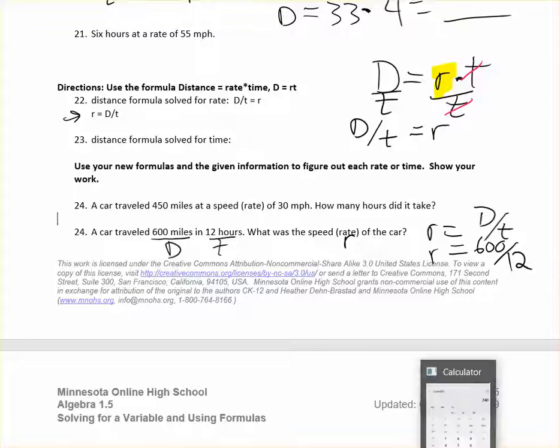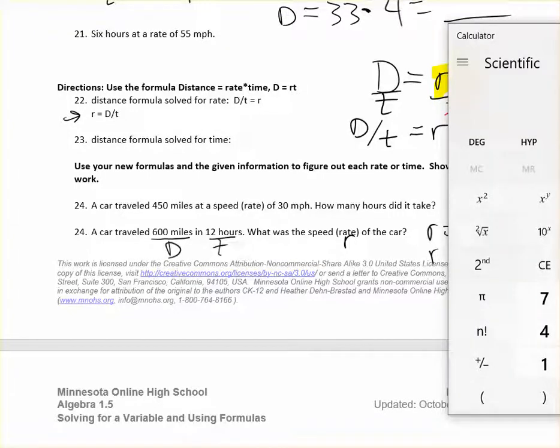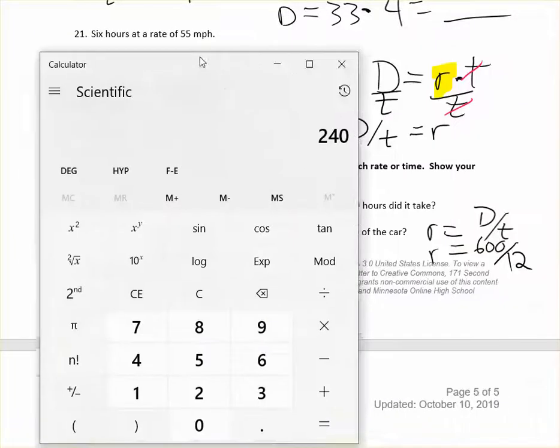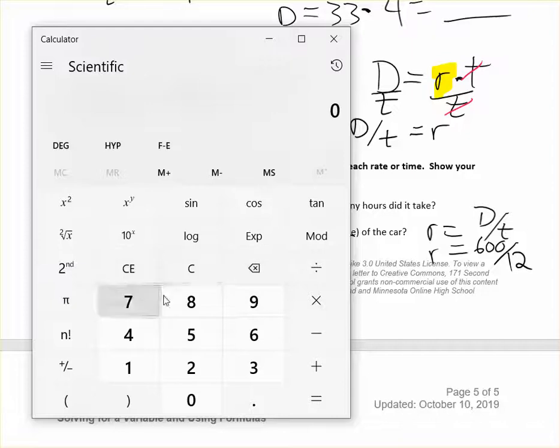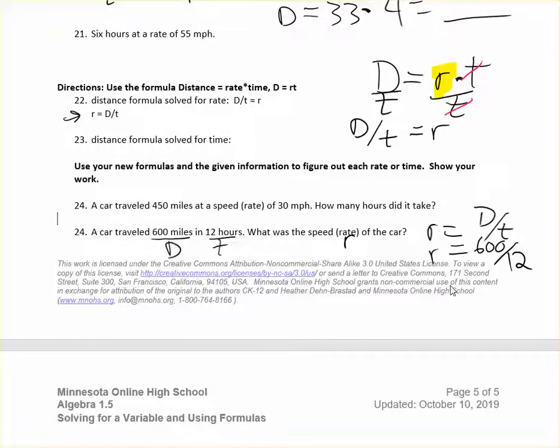Then you use your calculator and figure out what 600 divided by 12 is. It is 50. So r is equal to 50, and this is miles per hour, so you can write mph, which is the way we usually write that. The rate is miles per hour. So you used your new formula to solve.